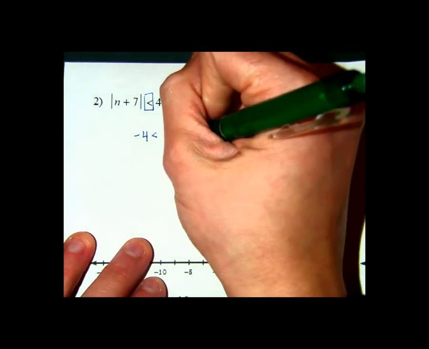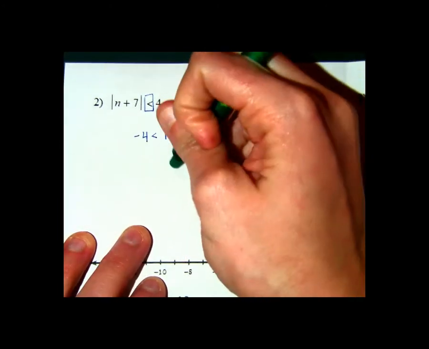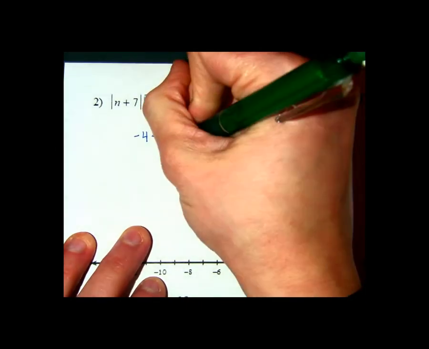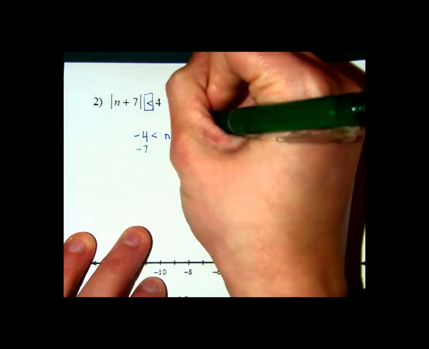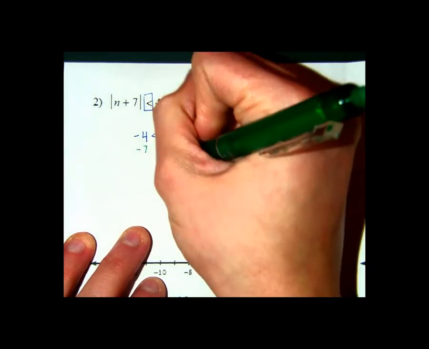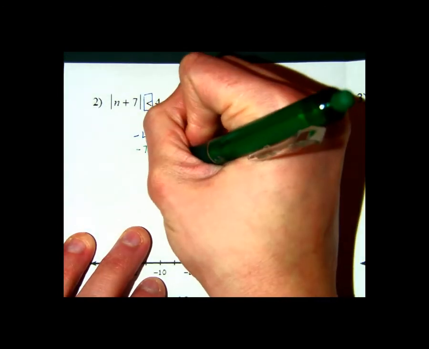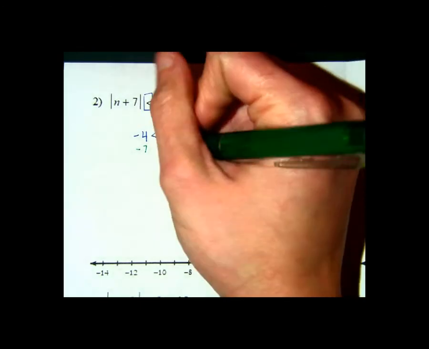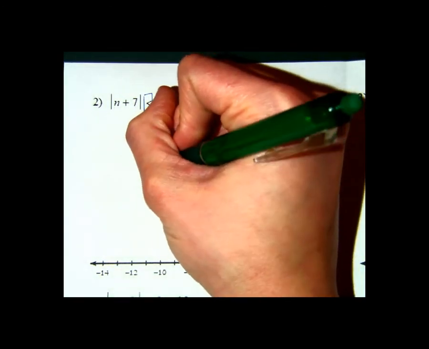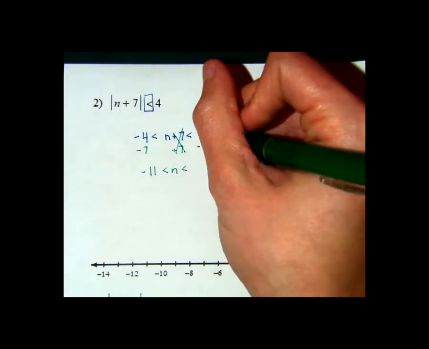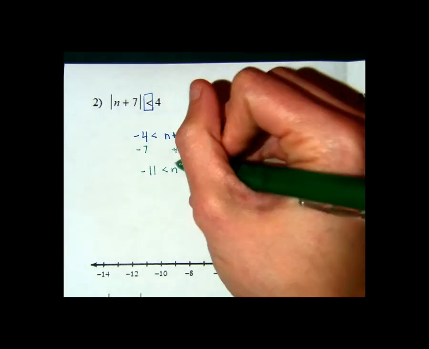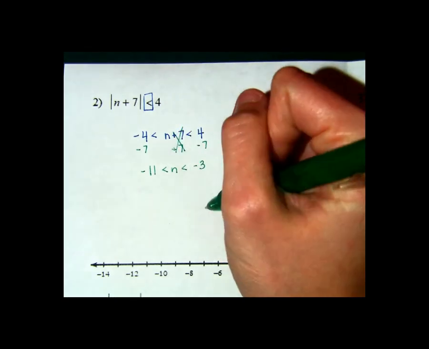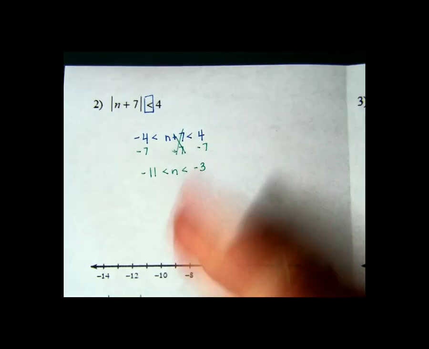I then am going to move the 7, so that the n is by itself in the middle. Negative 4 minus 7 is negative 11. 4 minus 7 is negative 3. I'm finished once the variable is by itself in the middle.